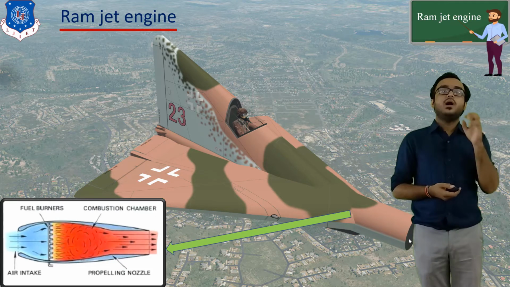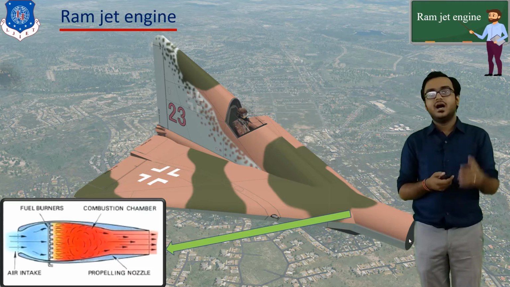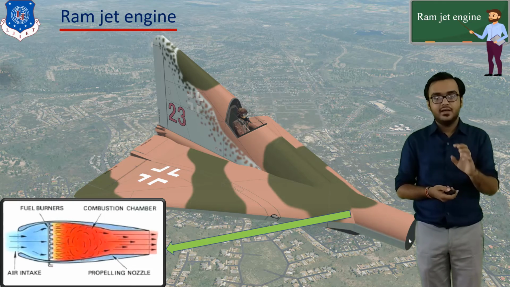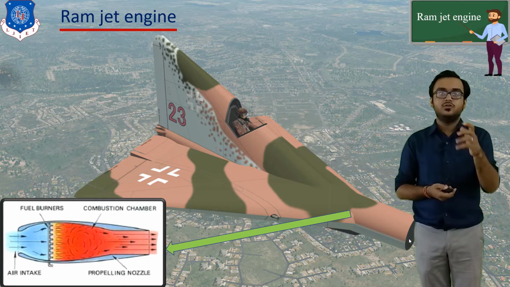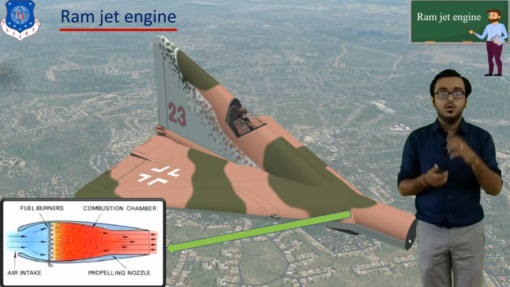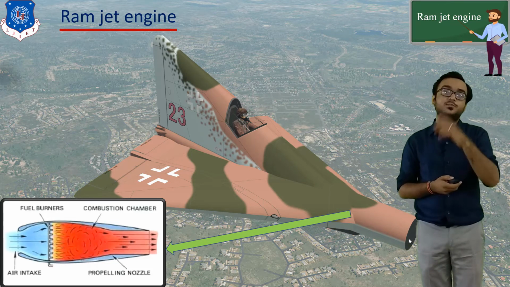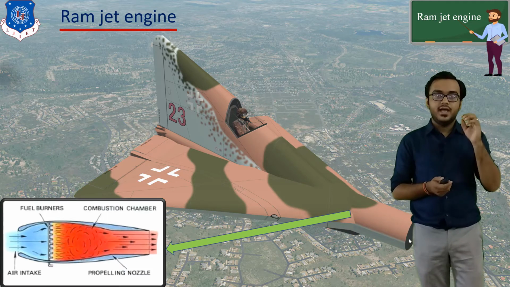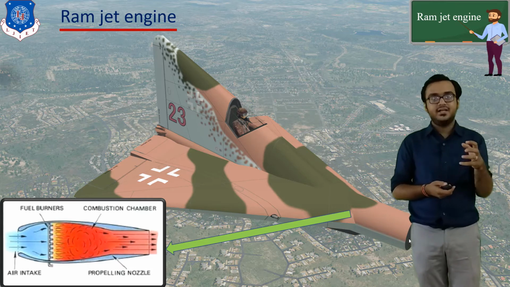Now this extremely high pressure and high temperature gas is allowed to flow through the jet engine toward the back side. If you observe the shape of the engine at the back side, you notice that it has a nozzle shape. So the extremely high temperature and high pressure gas converts its pressure energy into kinetic energy in the nozzle, and at the outlet we have an extremely high kinetic energy jet leaving the plane.